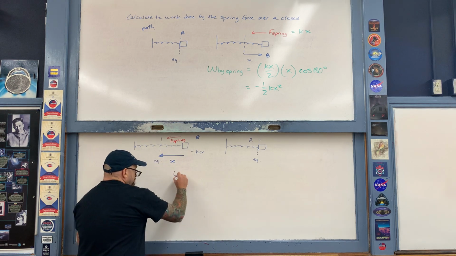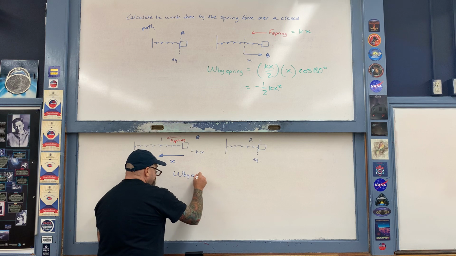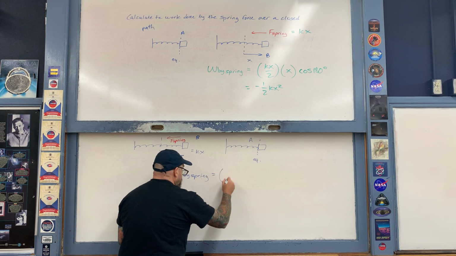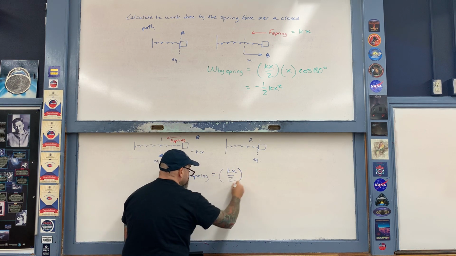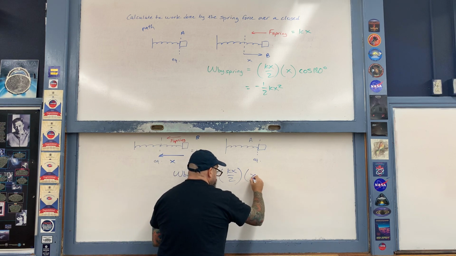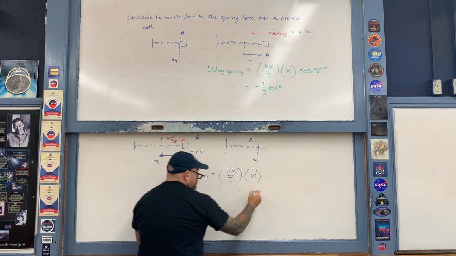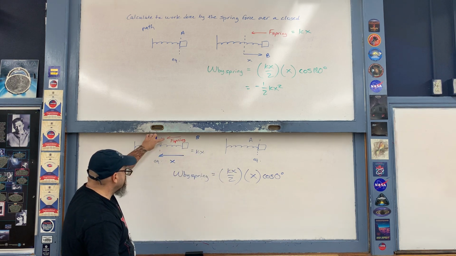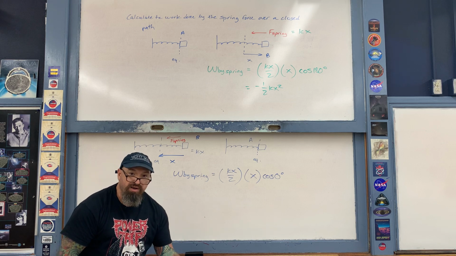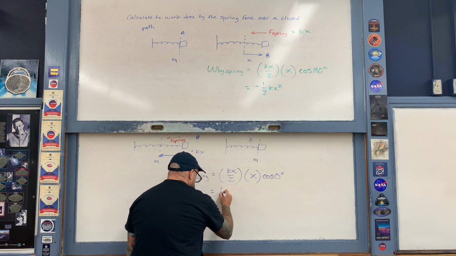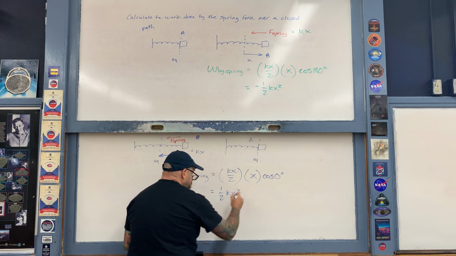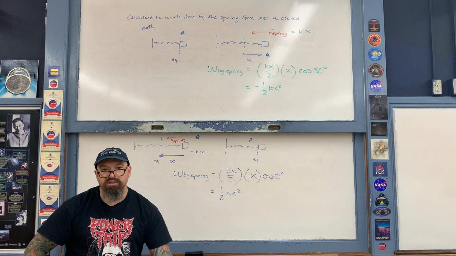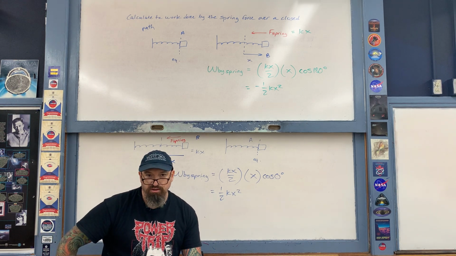So now, the work done by the spring force is equal to the average value of the spring force, kx over 2, multiplied by the displacement vector x, and then multiplied by, in this case, the cosine of 0 degrees. There's a 0 degree angle between the spring force and the displacement vector. Cosine of 0 is +1, and therefore we end up with +1/2 kx squared, just like we did in the calculus version that you saw in the earlier film.